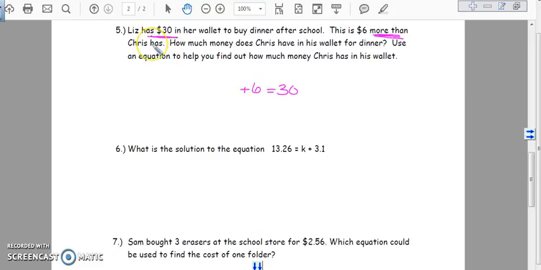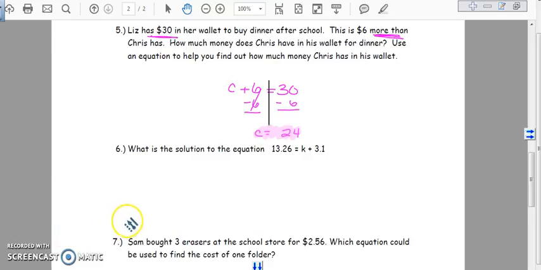Do we know how much Chris has? Nope. So let's use C for Chris. Draw our line. This is addition. To undo addition, we do subtraction. So C equals $24. So Chris has $24 in his wallet.